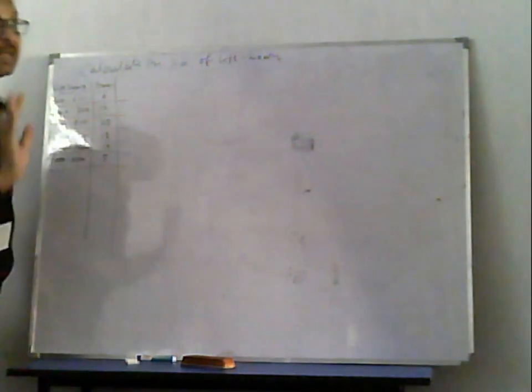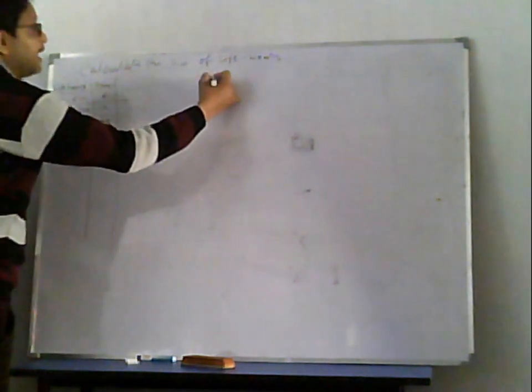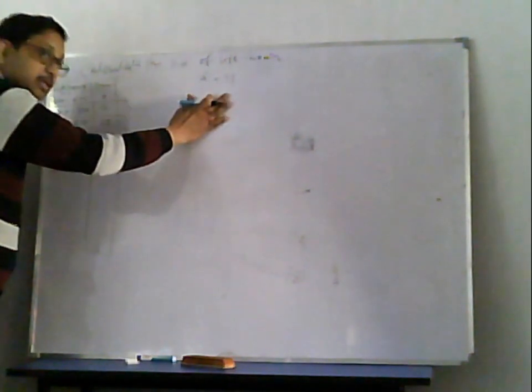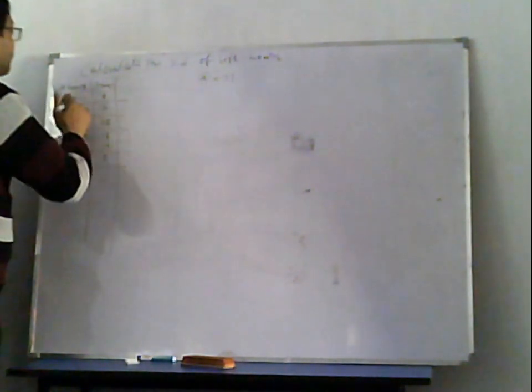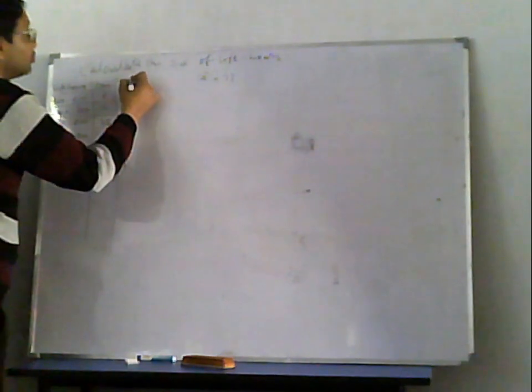Okay. We have to calculate the standard deviation. So what will we do first? We have to calculate the mean, that is x bar. If we want to calculate this x bar, we first need the mid value.